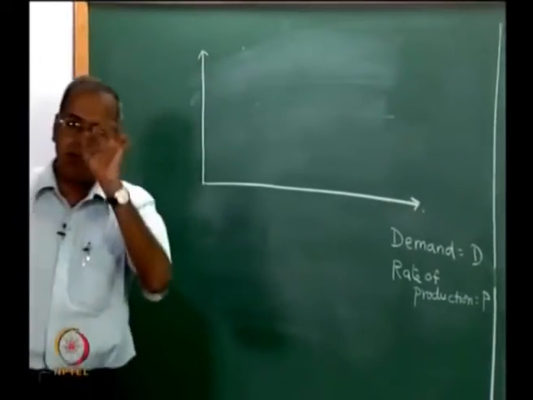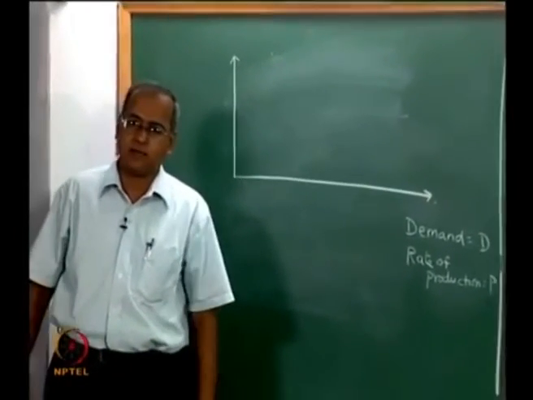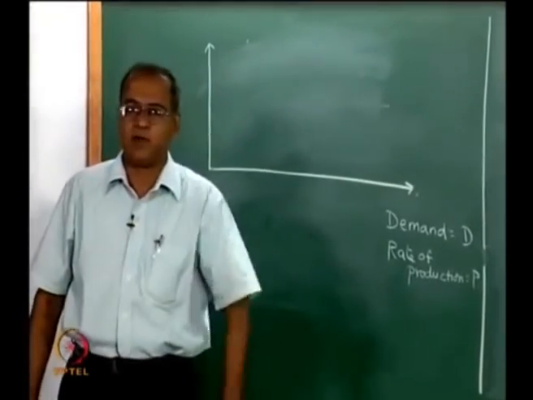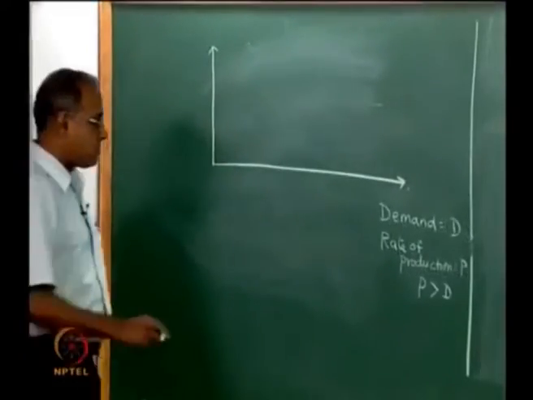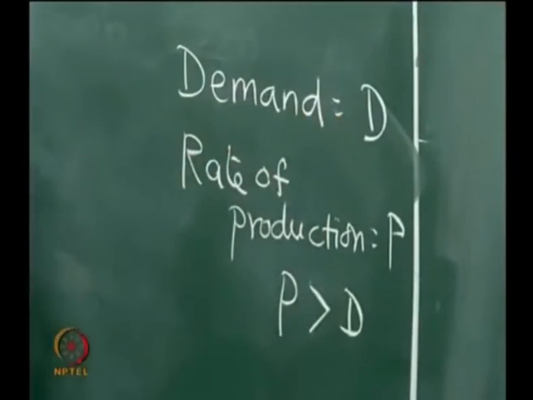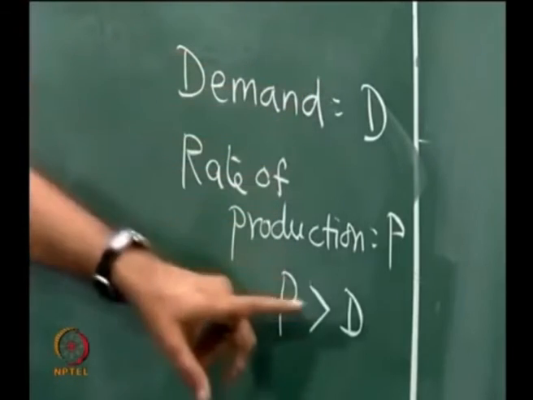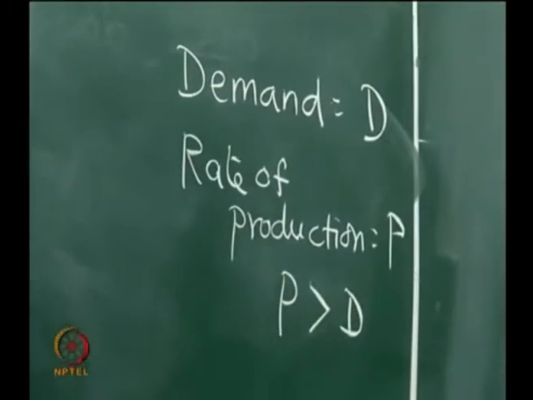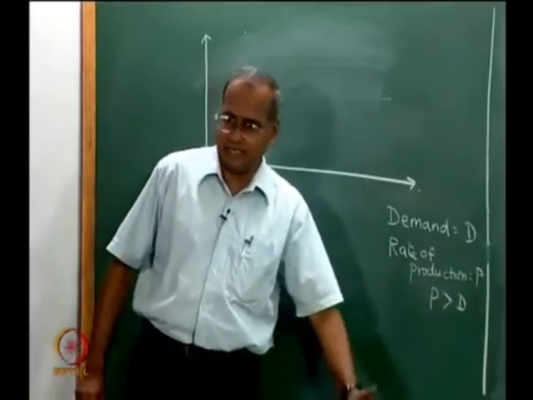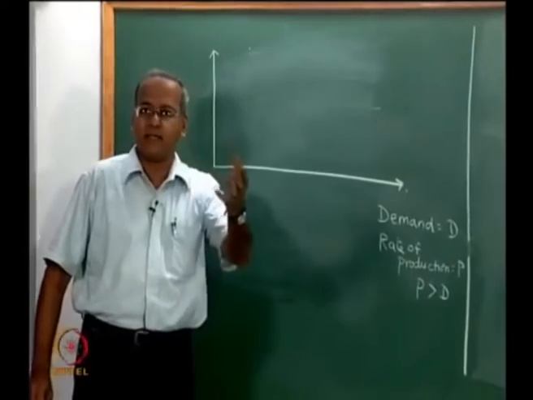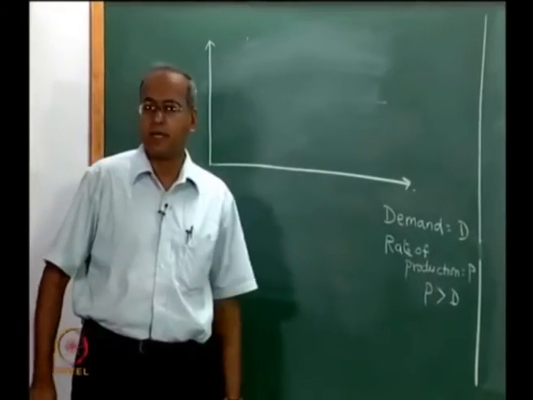Now if we have to meet the annual demand of this item, obviously our production rate has to be higher than the demand. So we produce to meet the annual demand D, and since we have to meet the annual demand D, it is only fair to assume that the production rate is higher than the demand, and therefore P is greater than D. Now let us assume that P is slightly higher than D, in fact much bigger compared to D.